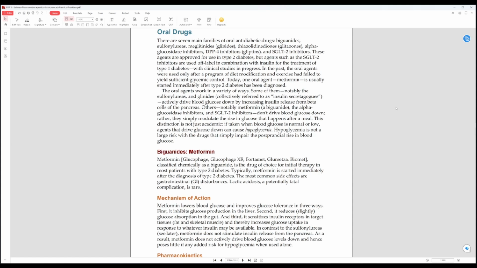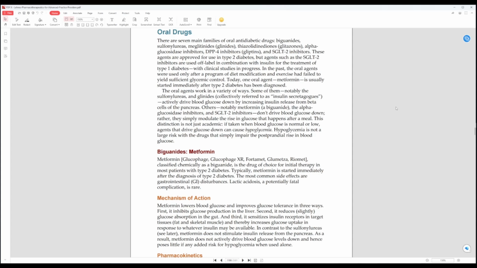Some of them, notably the sulfonylureas and glinides, actively drive blood glucose down by increasing insulin release from the beta cells of the pancreas. Others, notably metformin, the alpha-glucosidase inhibitors, and SGLT2 inhibitors, don't drive blood glucose down.